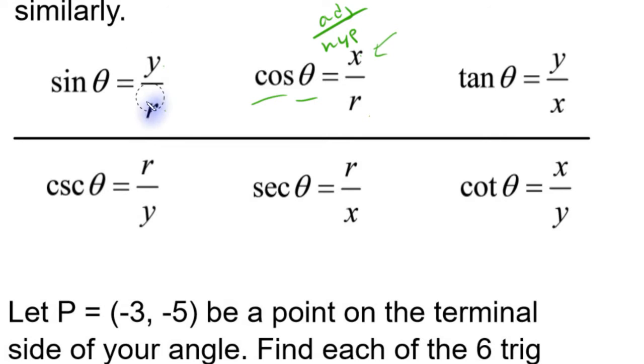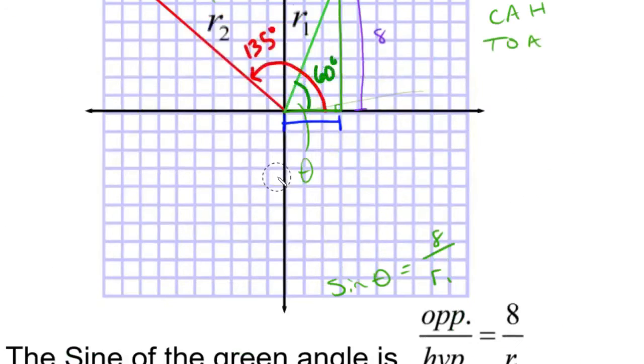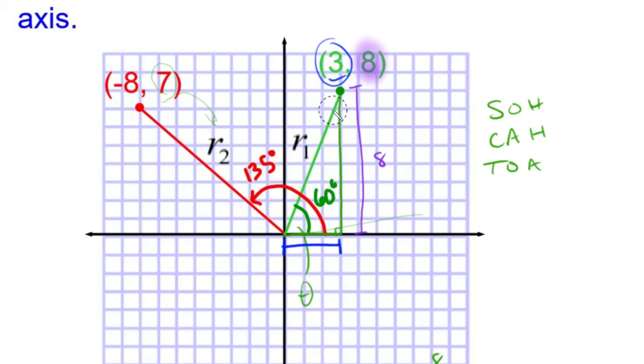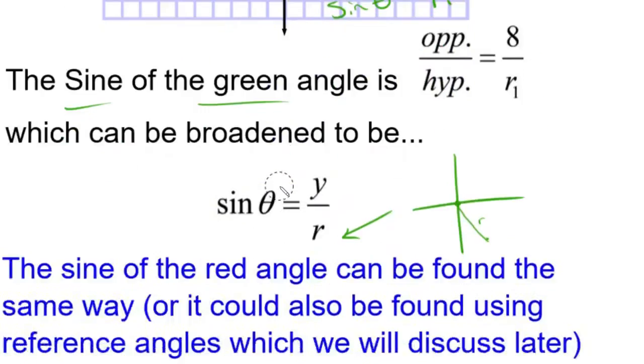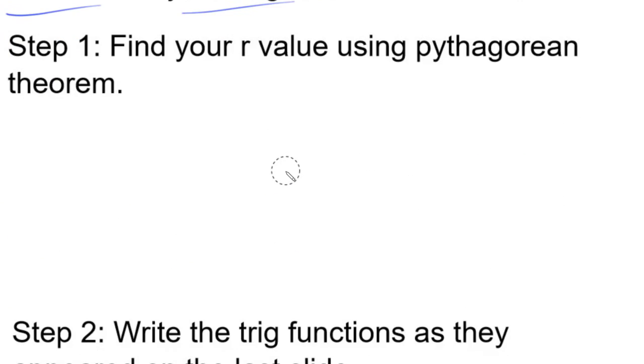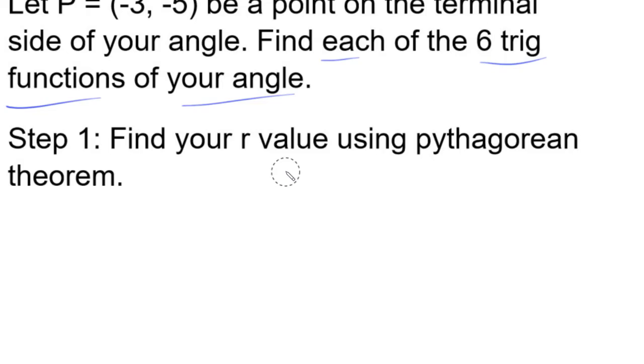Previously I wasn't mentioning how to find r, but if you know this length and this length, you know the 2 side lengths of a right triangle. Well, you can find the hypotenuse easily using the Pythagorean theorem. And that is what it says to do first. Find your r value using the Pythagorean theorem.